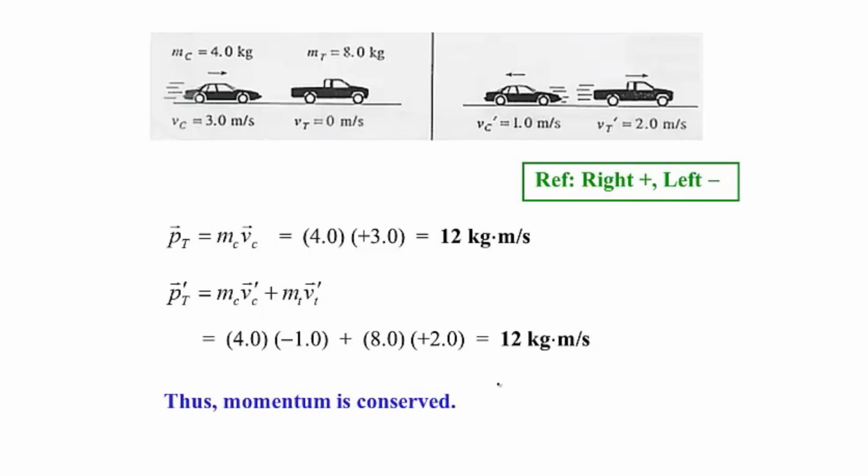After, we've got the car and the truck moving, so we multiply their masses and velocities together, keeping in mind that the car is now moving to the left, so it's got a negative velocity, and the truck is moving to the right, so it's got a positive velocity. Work that out, and you get the same answer. You get positive 12 kilogram meters per second. So the total momentum is conserved.